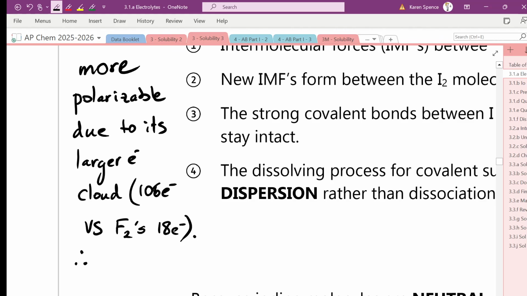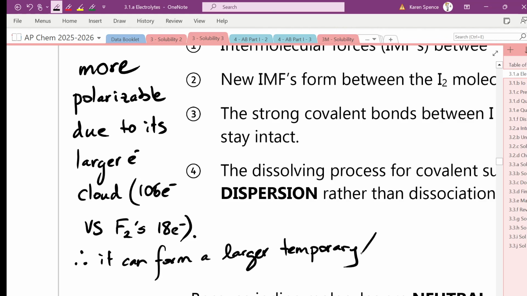Therefore, it can form a larger temporary/induced dipole. That is also the reason why iodine is what state at room temperature?